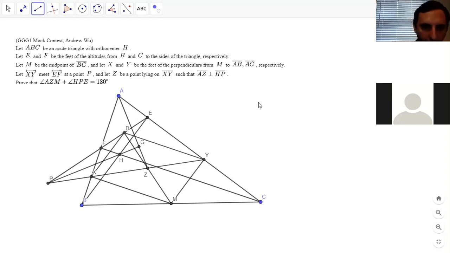So basically we want to show angle AZB is HPE. So basically we just want to show PBGZ is cyclic. And that I think might just be obvious because, wait, yeah, so that's actually obvious.